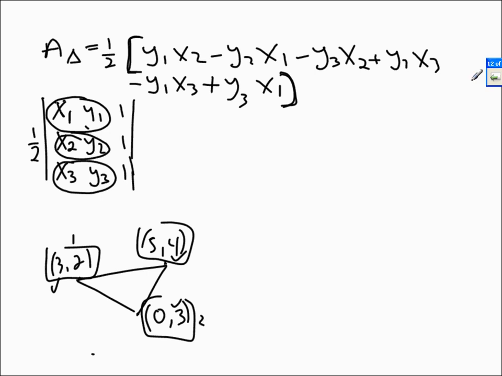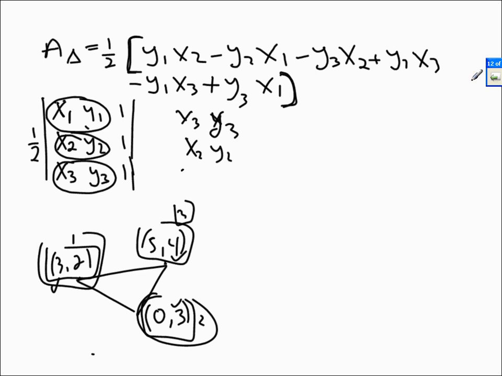But you, on the other hand, want to write down this point first, x3, y3, and then write down this point next, that's the 2 point, x2, y2, and then write down this point last, x1, y1. And you put the ones down, and you say, oh, that's the determinant.